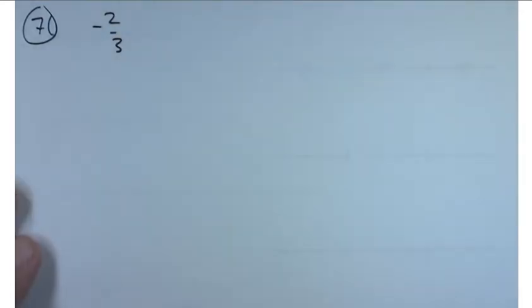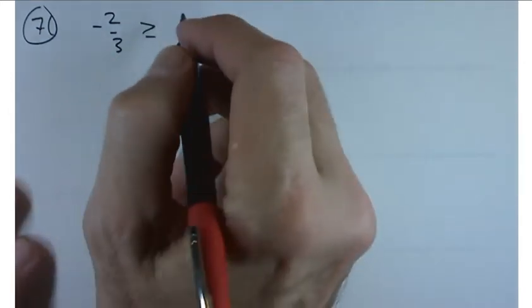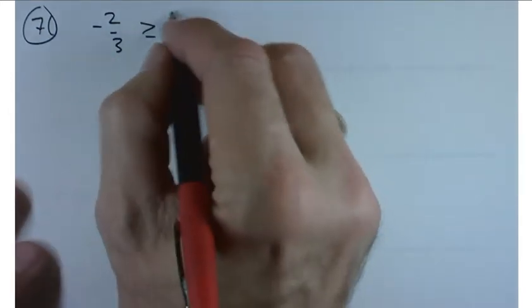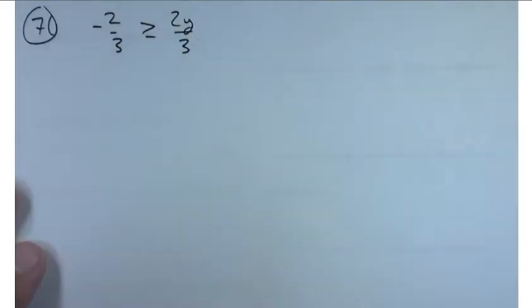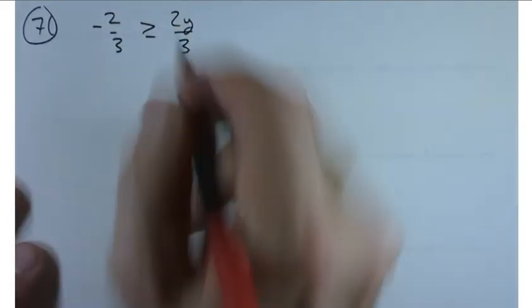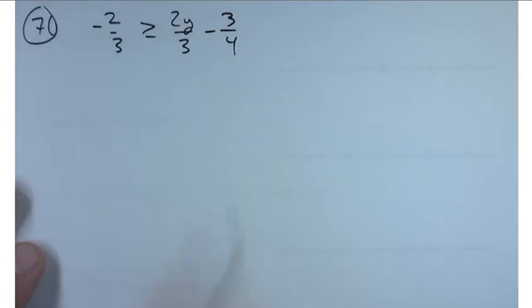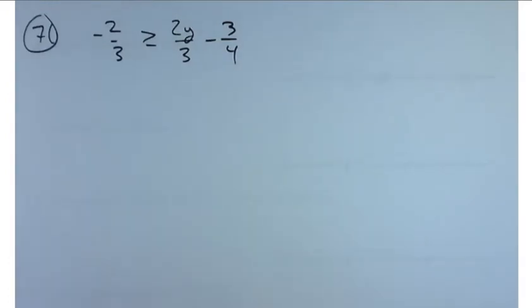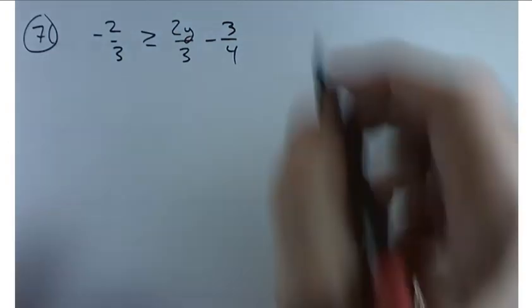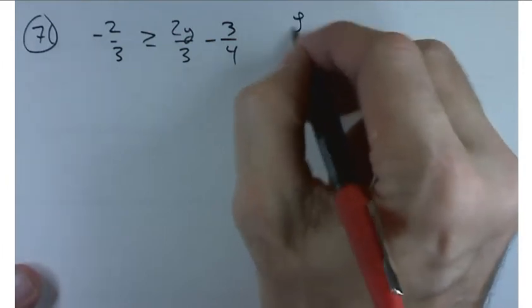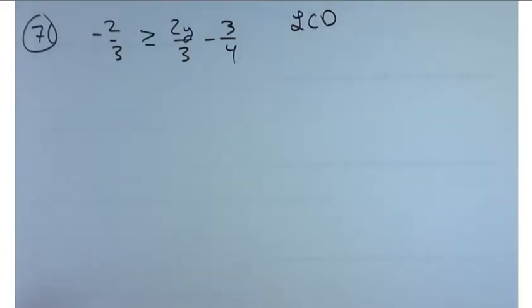Negative 2/3 is greater than or equal to 2y over 3 minus 3/4, sorry. So the thing about this problem is that you've got fractions to deal with. And that's always kind of a pain for a lot of you. So what I would suggest is getting rid of the fractions by multiplying everything by the LCD.